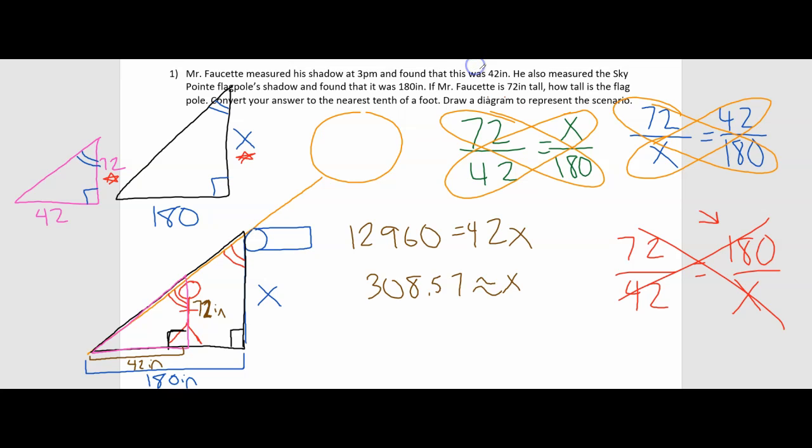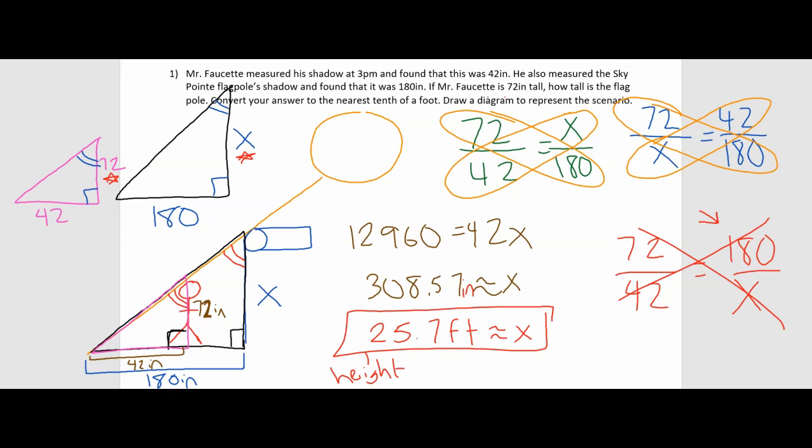Because right here, this number is in inches. So dividing by 12 would convert it to feet, and I get 25.7 feet is approximately the height of the flagpole.